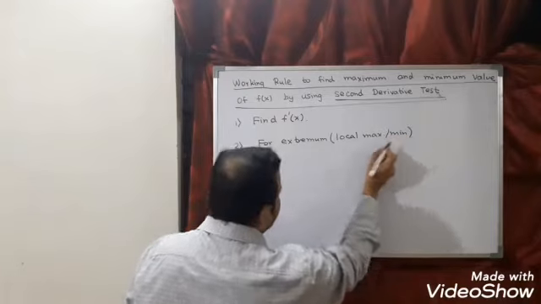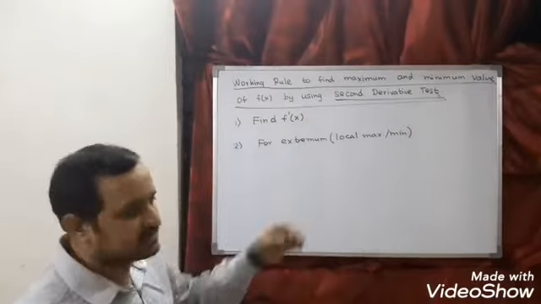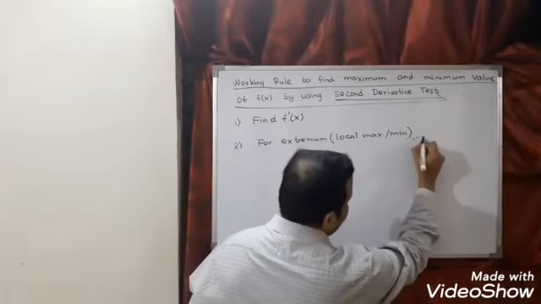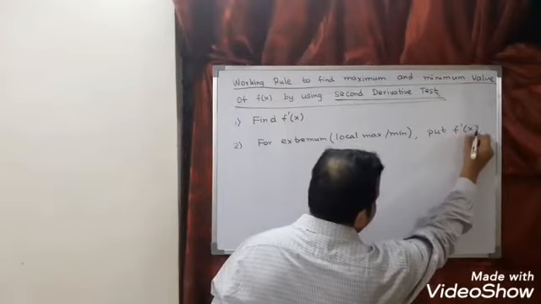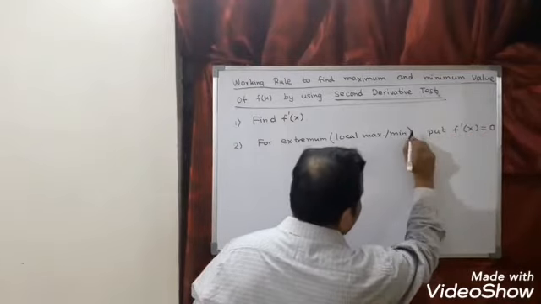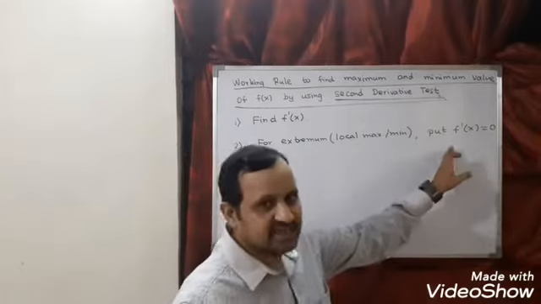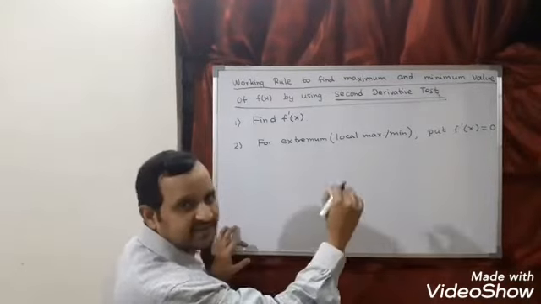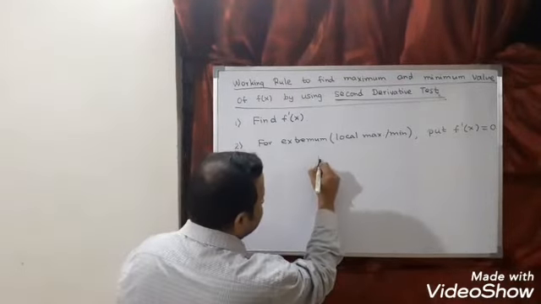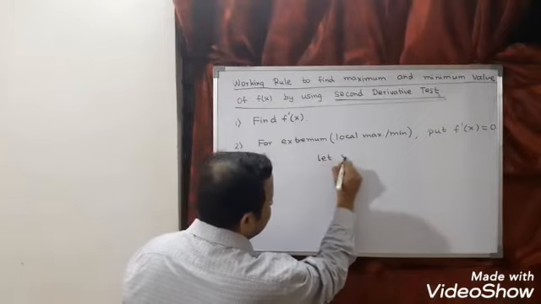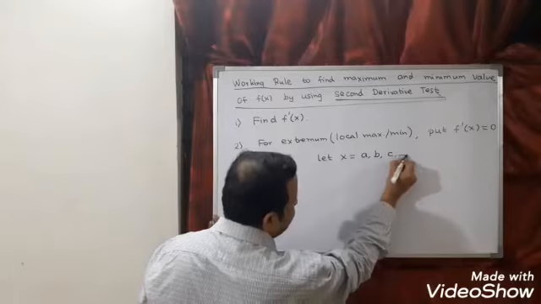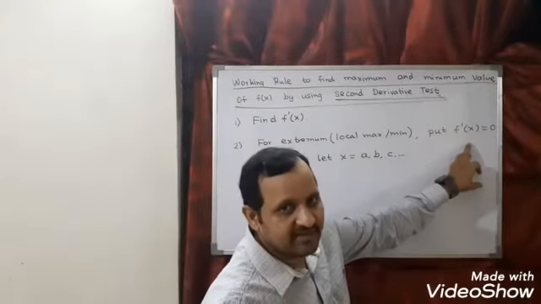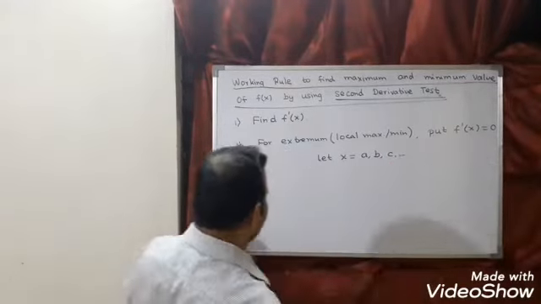For extremum, put f dash x is equal to 0. When you put f dash x equal to 0, you will get some values of x. So here I am saying let x is equal to a, b, c.